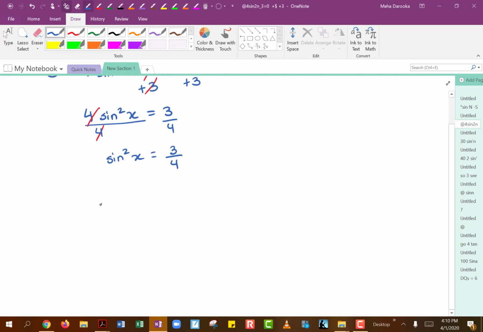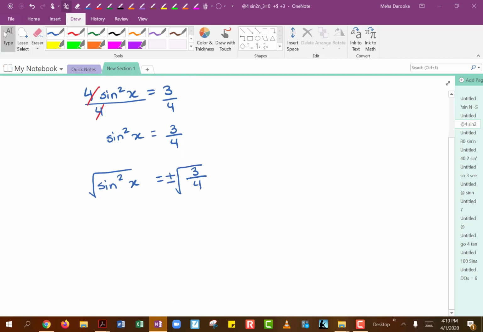And just like you saw in the example, now we are going to get rid of the square on the sine function. So we're going to take square roots on both sides, and this will give you a positive and a negative root. The square root and square will cancel out, giving us sine of x, and then positive, negative.